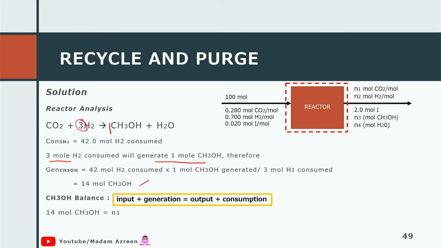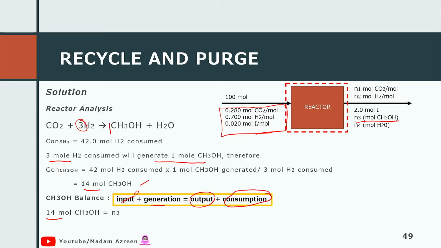So at this reactor, the methanol doesn't have an input because there is no methanol here. There is no input, but there is a generation from this process, which is 40 mole generated from this reaction, and you also have N3, which is the output, and there is no consumption.